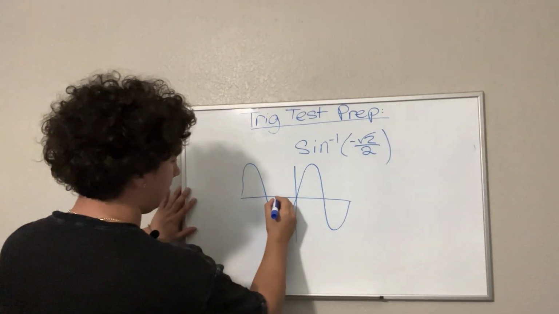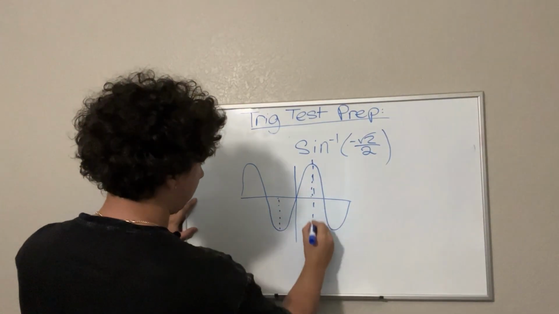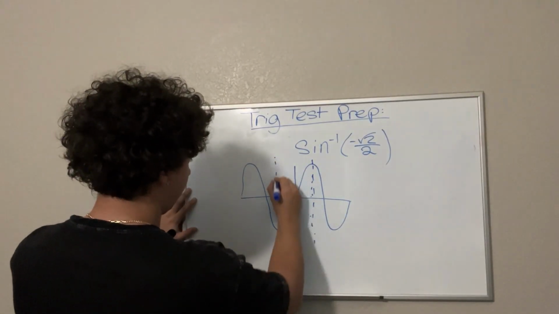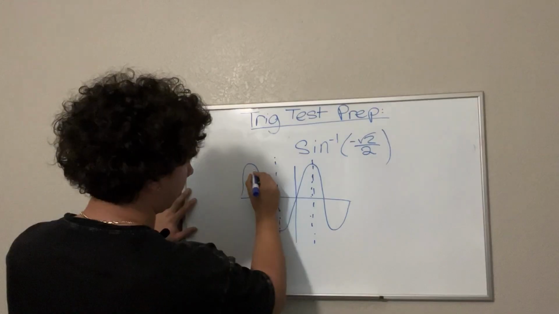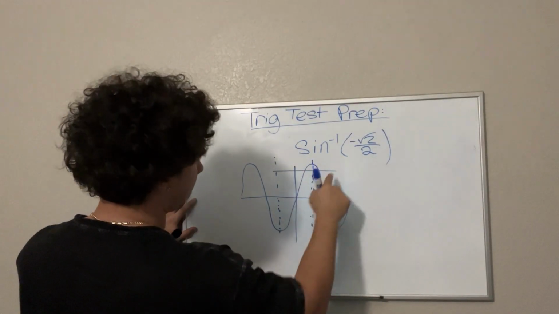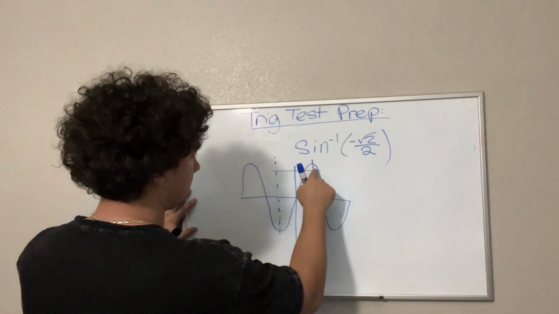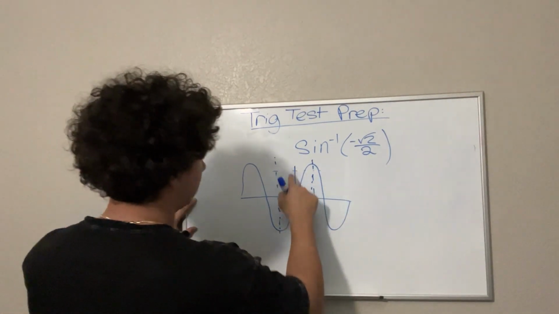Well, notice that only happens on this interval right here. Anywhere else, notice how it would go through twice. Like let's say, for example, if I go here, see how it passes twice? That means that it's not an inverse function. The only way that happens is right here.